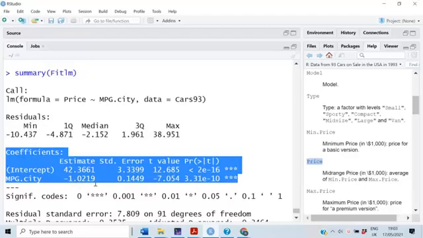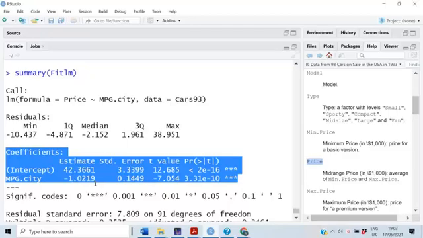So from this, I can, for example, ask you to write your estimated regression line. The estimated line is what? Y is equal to beta naught cap plus beta 1 cap x. This is what we say is the estimated regression model.